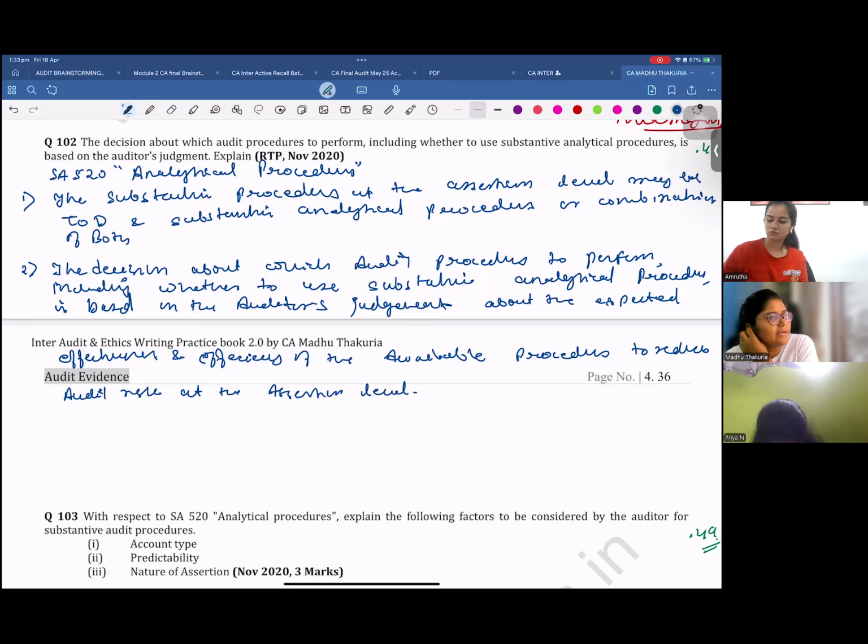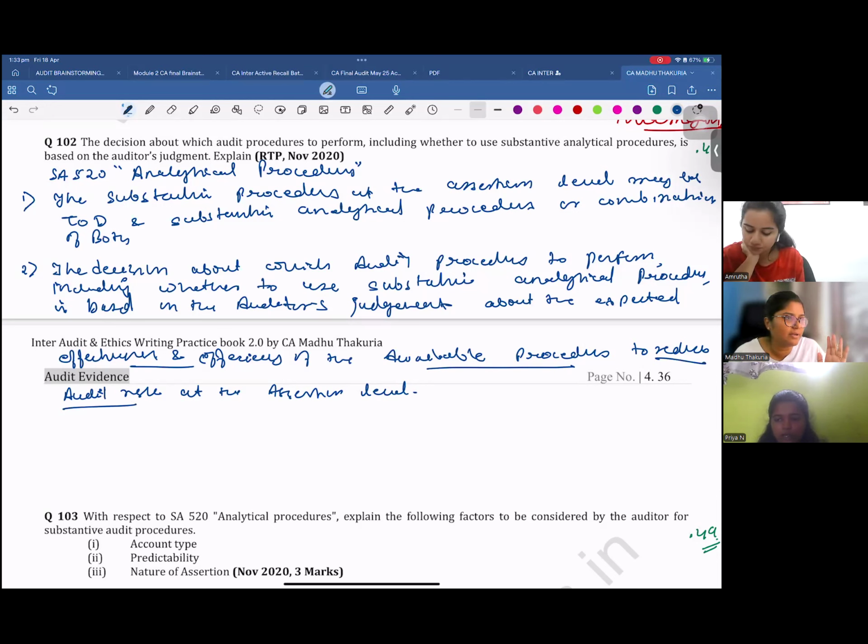As an auditor, why do we decide to go for analytical procedure? We want to use substantive analytical procedure at an assertion level. What is the goal? Our judgment says that we want to efficiently and effectively use the available procedure so that we can reduce our overall audit risk at the assertion level, right?